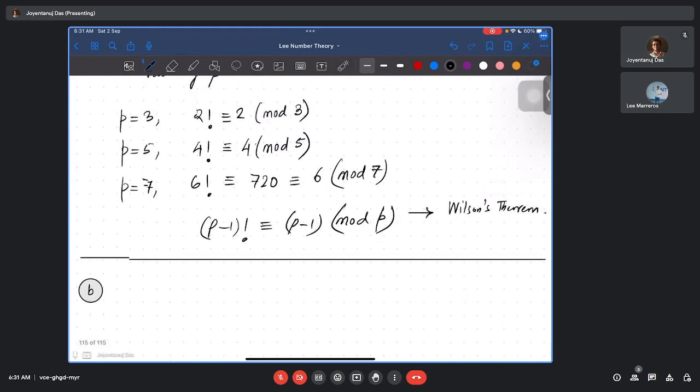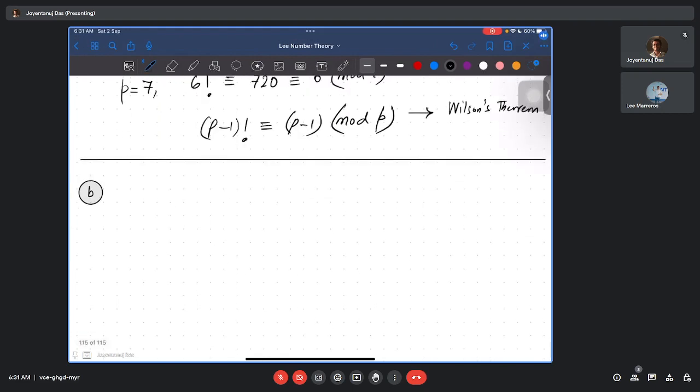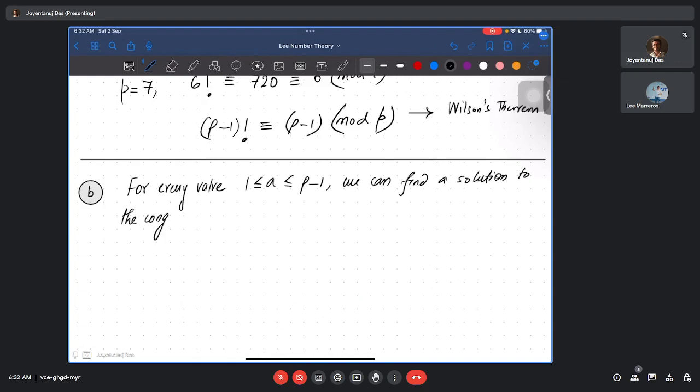Okay, so since p is prime, I know that for every value of a that lies between 1 and p minus 1, we can find a solution to the congruence ax congruent to 1 mod p. So is this true?